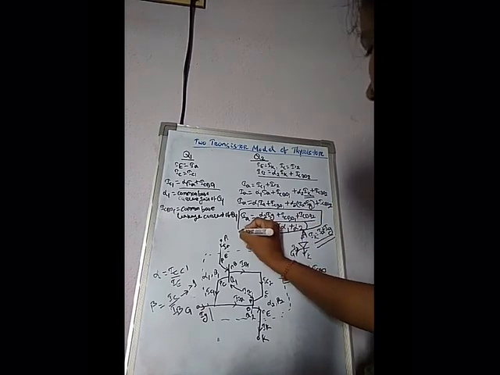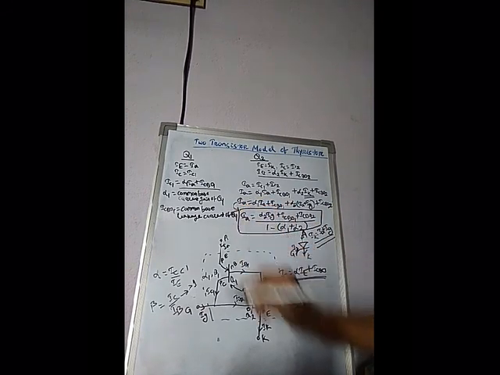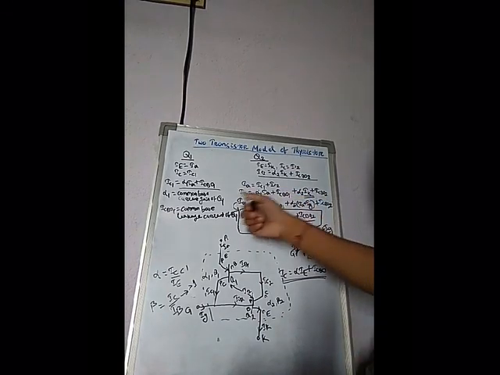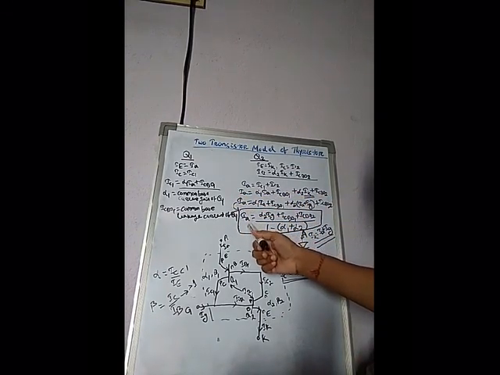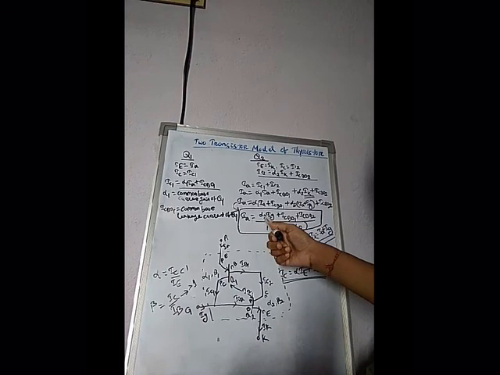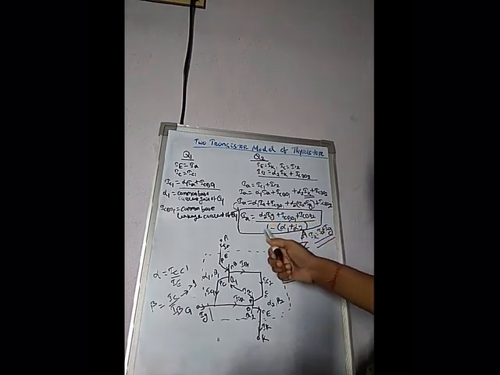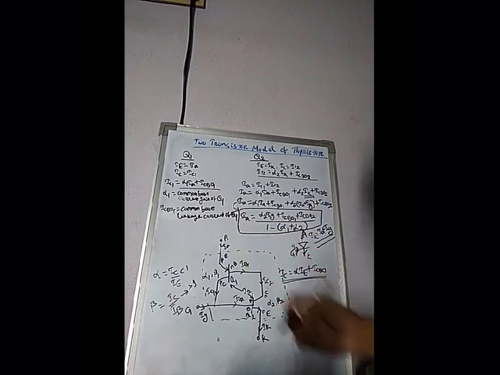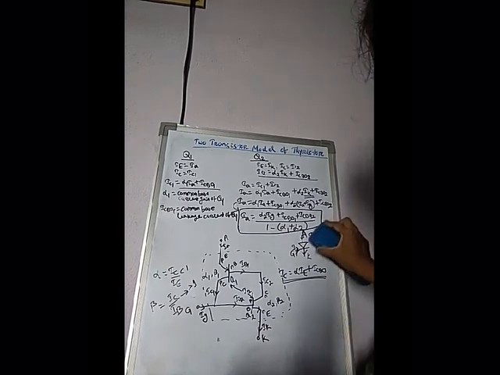This is the derivation of IA. After applying the value of IA plus IG, you derive this IA equation. So this is the IA equation. Clearly understood?